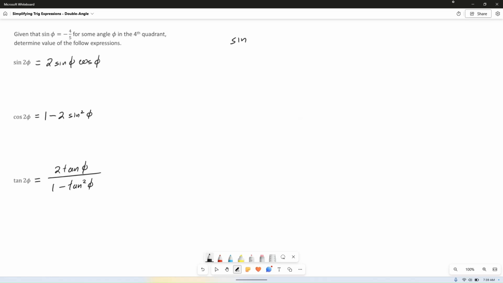Since I'm told that sine of phi is negative 4/5, and I know that that's in the fourth quadrant, let me draw an xy axis, and let me draw a right triangle extending outwards, so the hypotenuse extends outwards from the origin, and then we draw a vertical line from the end of that line back to the x-axis, and so that's going to create a right triangle. And phi is going to be the acute angle next to the origin.